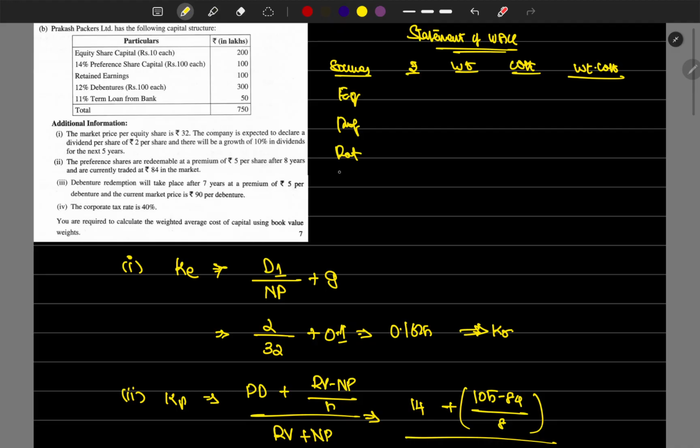The amounts are 200, 100, 100, 300 and 50 lakhs, totaling 750.